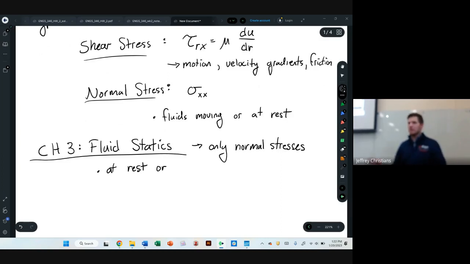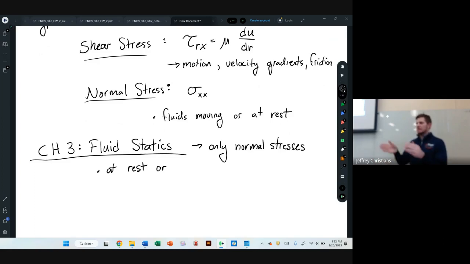But they have to be in a really specific type of motion for there to be only normal stresses. So if you have any sliding between one layer of fluid and another, that's a shear stress. That's not fluid statics. So for you to be moving, you have to be moving where there is no slipping and sliding between one layer and another.